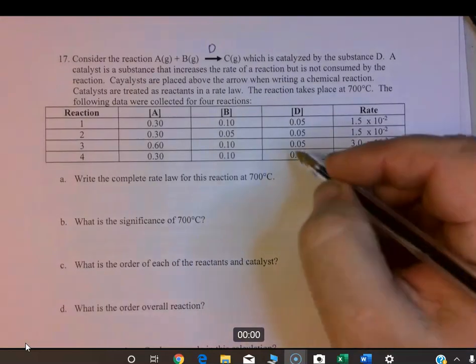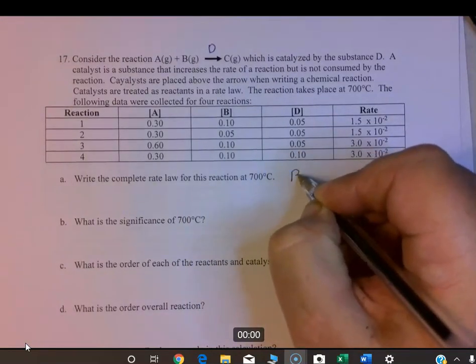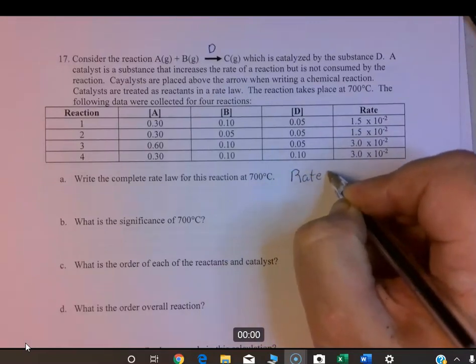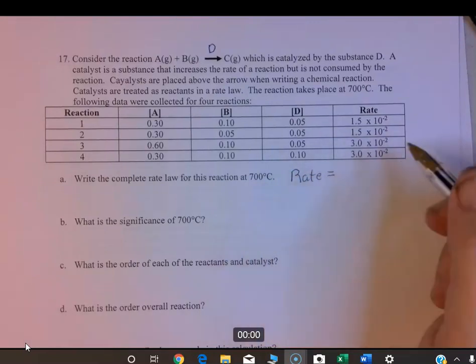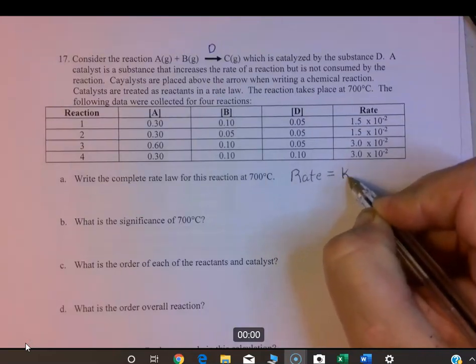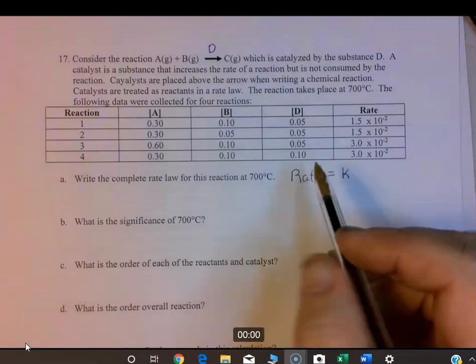A rate law is simply written as the rate equals the rate constant, k, and it's a lowercase k, by the way.